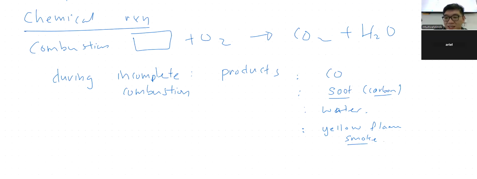It's black. Carbon by itself is black. So the takeaway from this is that when there's not enough oxygen, you get soot. Pencils contain graphite, but it's a different type of carbon.